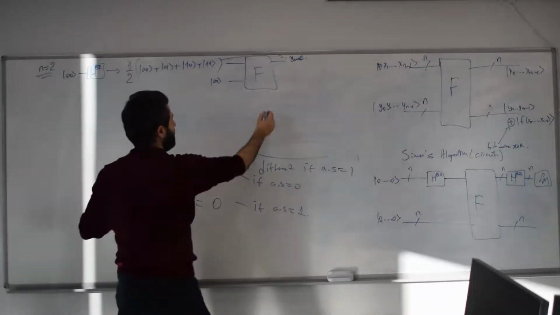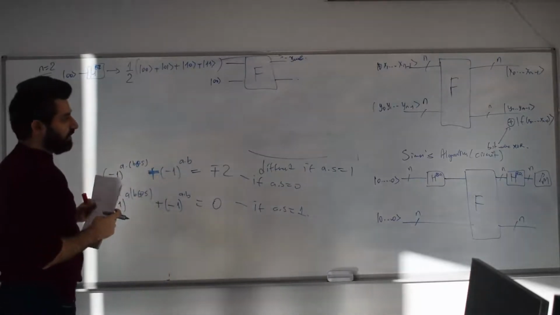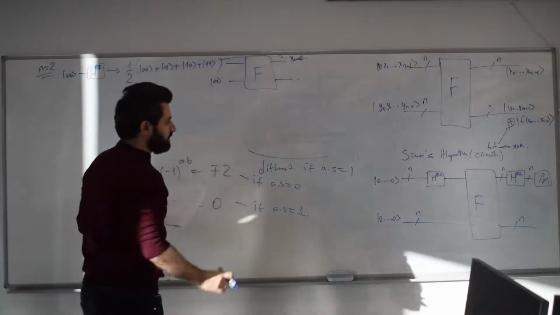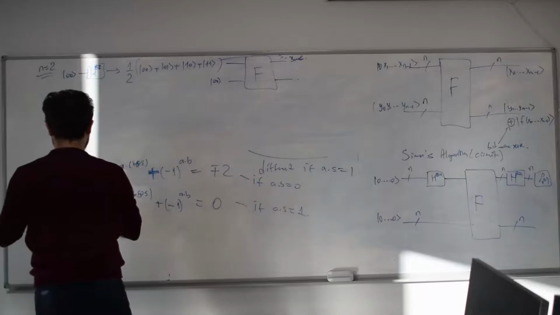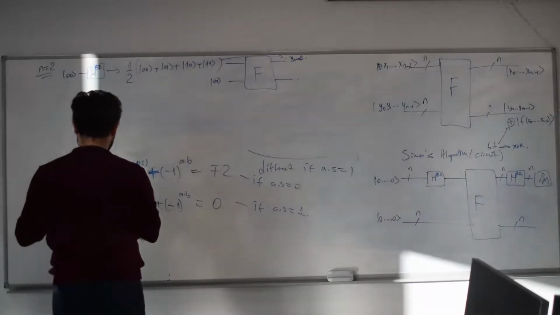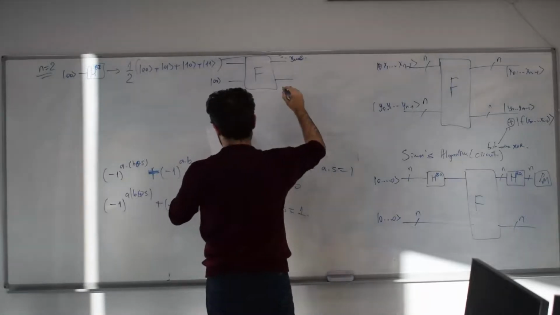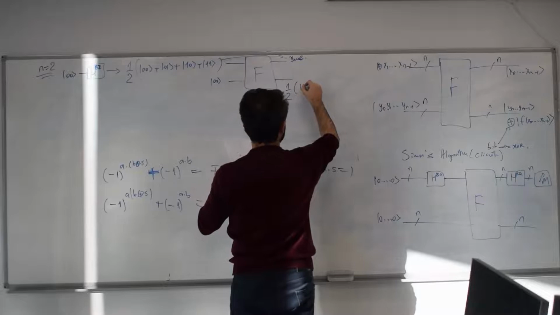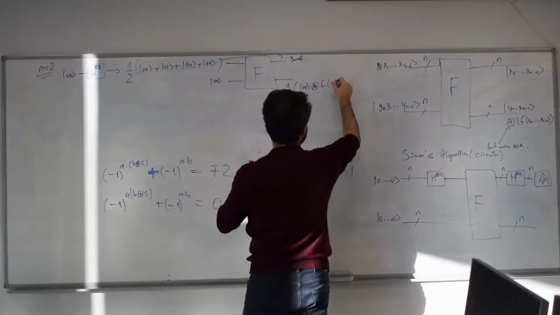However, the output here is going to be the function itself. So the function output, let me just write it down real quick. We have 1/2, 0, 0, tensored with f(0, 0), okay?